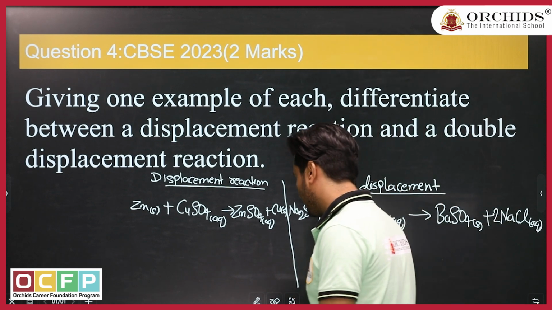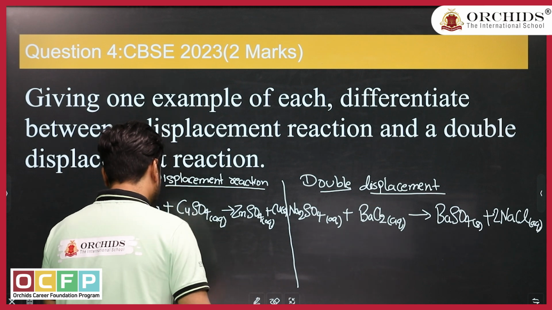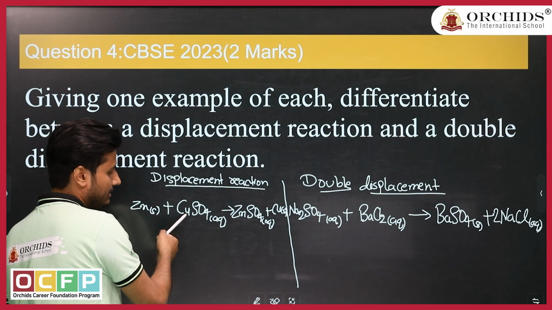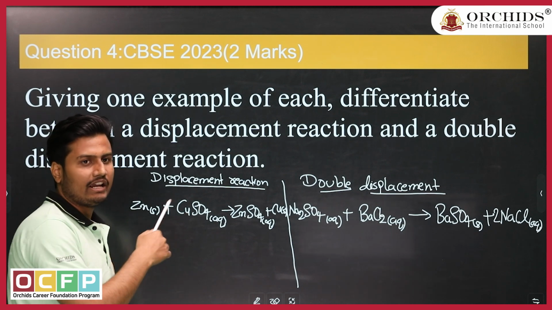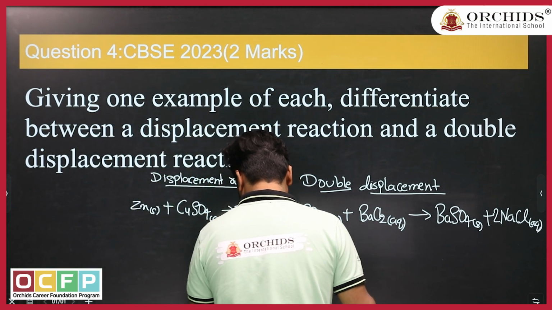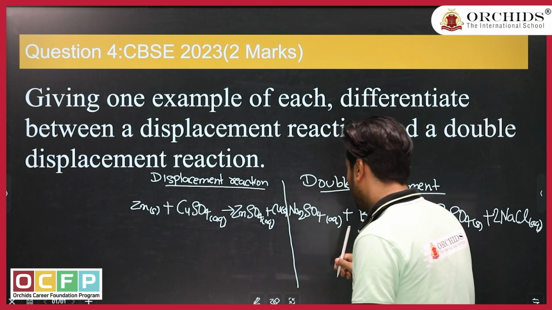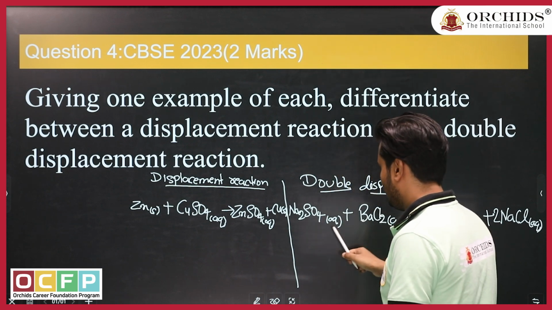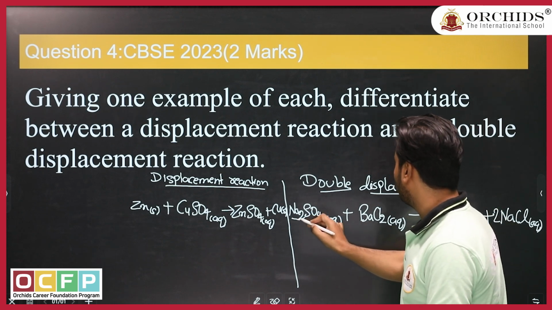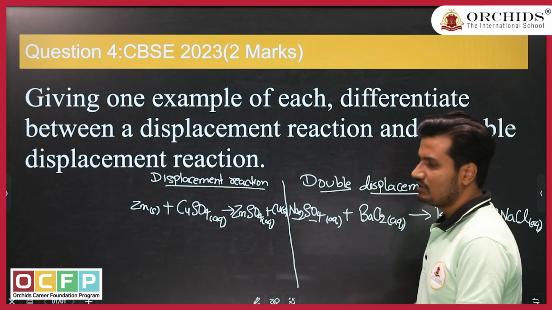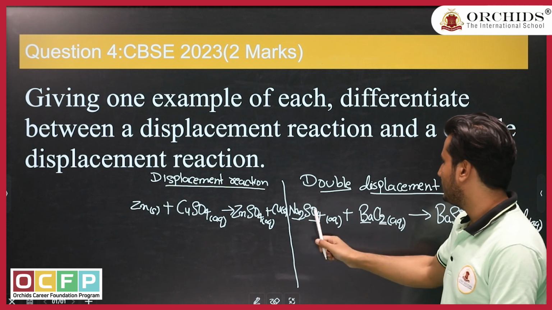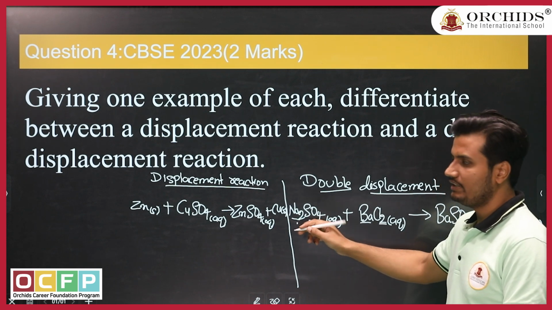Now what happens in displacement reaction? Only one element displaces the other element which is lower in the reactivity series. Now what happens in double displacement reaction? Both cations and anions are exchanged in the reaction. For example, sodium and sulfate, and barium and chloride: sodium is cation, sulfate is anion.